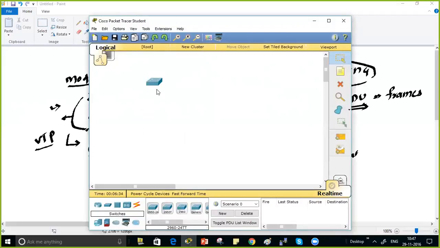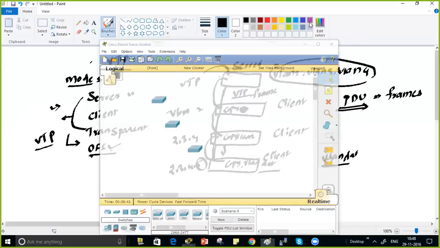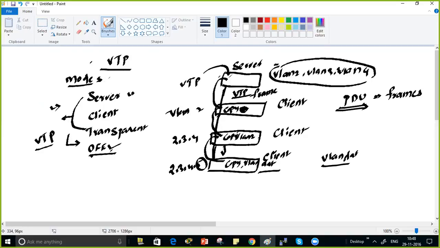Here I am taking three switches. By default the mode is server mode.